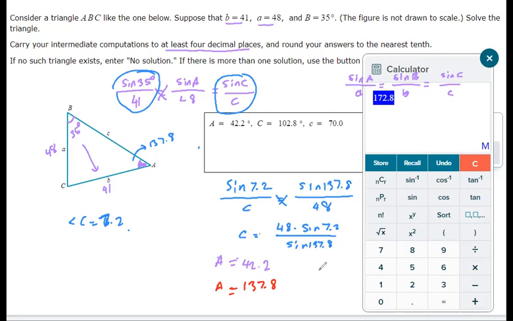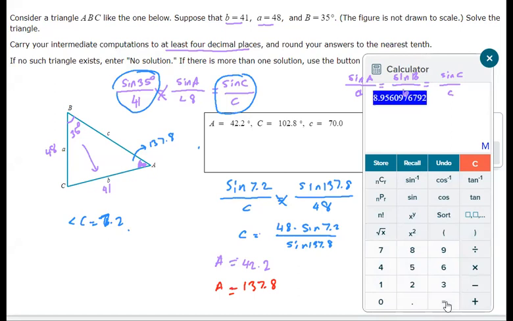So let's plug this into the calculator now. So 48 times sine 7.2, divided by sine 137.8. Which is 8.9 something, right?